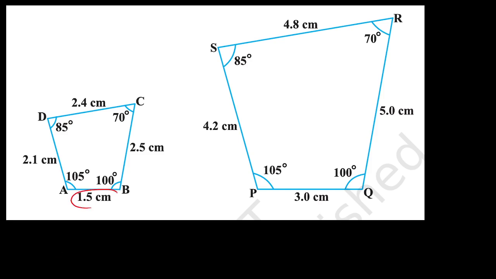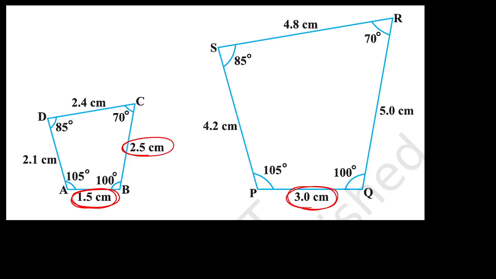For example, the side is 1.5 here. The corresponding side is 3 here. You can see that this is 2 times, twice, understood. 2 times this side is equal to 3. So is it the same for the other sides also? Yes.